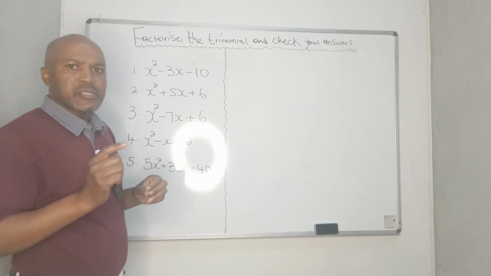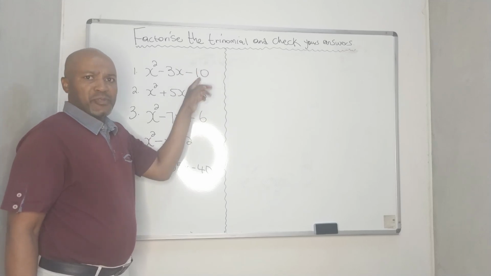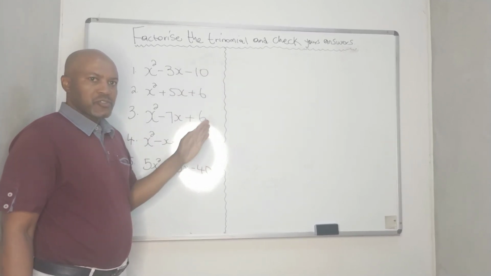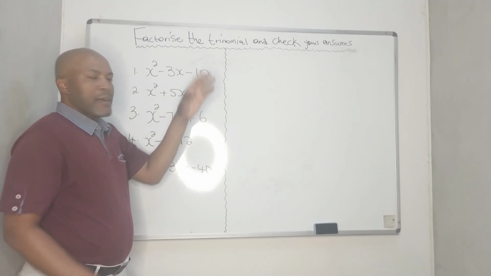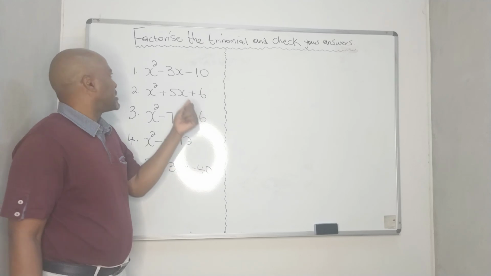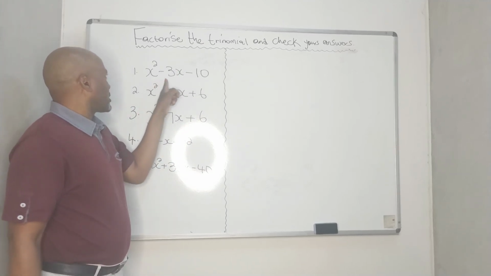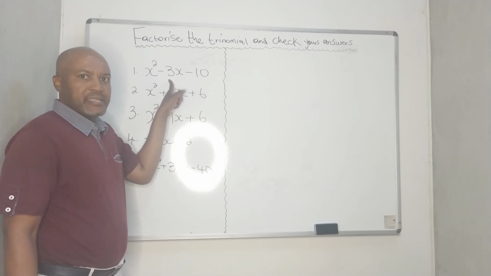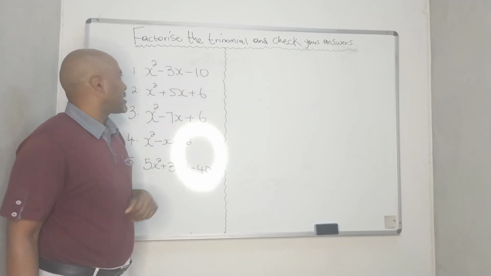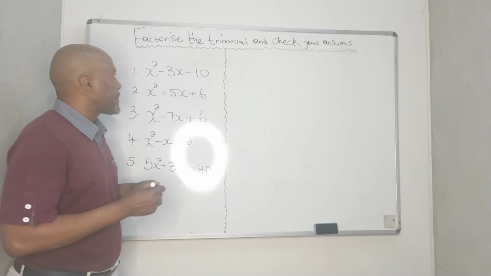The rule says we need to come up with the factors of 10, listing them. Among them, we take two and add them, and when we add them we should get the middle term. When we multiply them, we should get 10. So let's come up with the factors of 10.